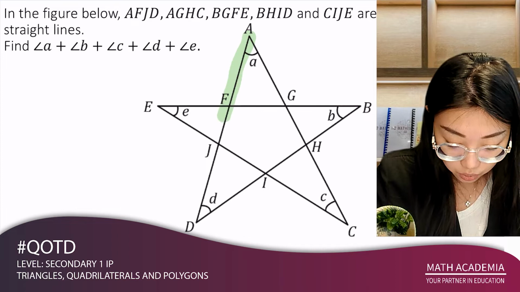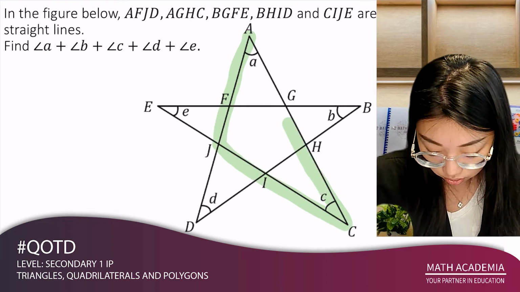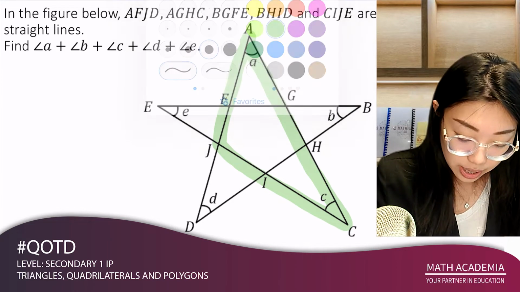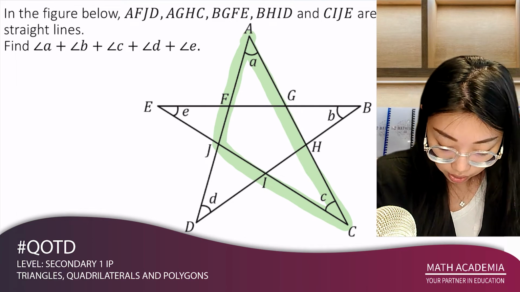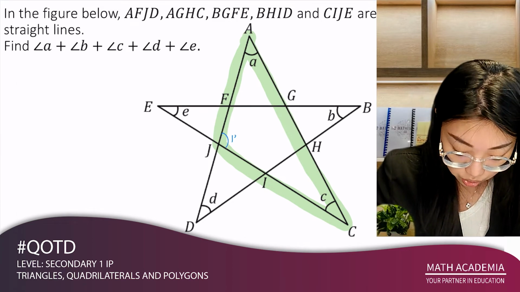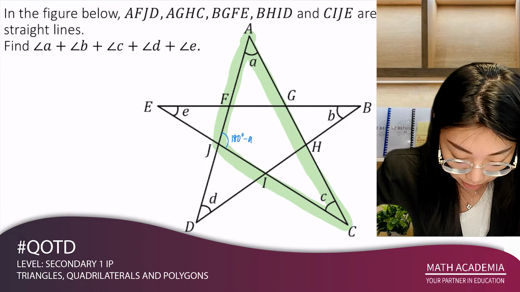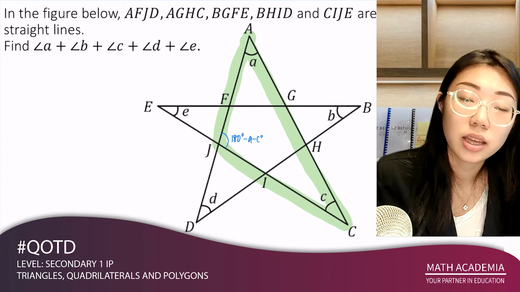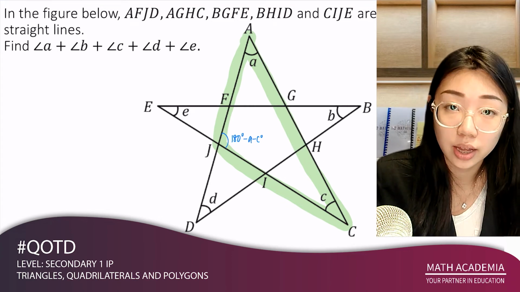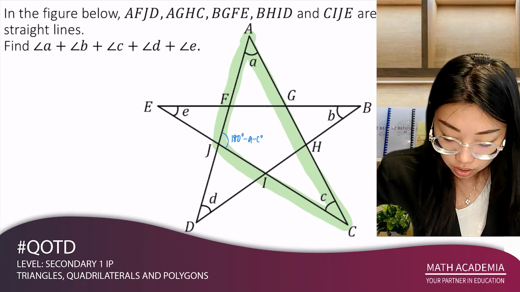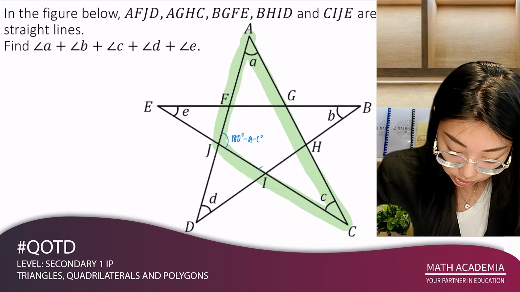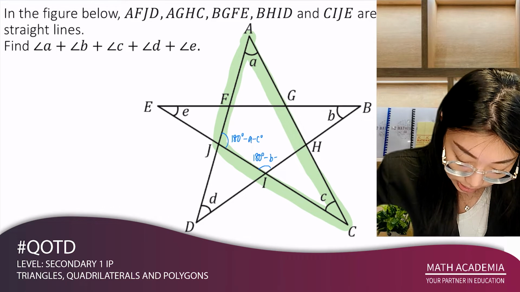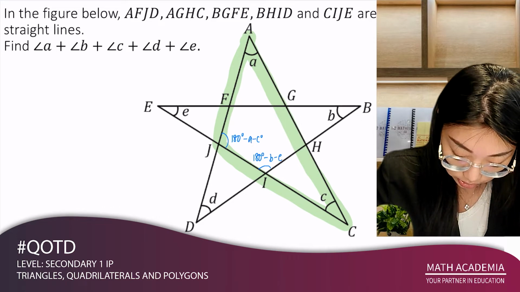So if we were to study one triangle, let's just pick triangle AJC, this would mean that angle AJC would equal 180 degrees minus angle A minus angle C. And if we apply the same logic to the rest of the angles in our pentagon, we would realize that angle EIB equals 180 degrees minus angle B minus angle E.